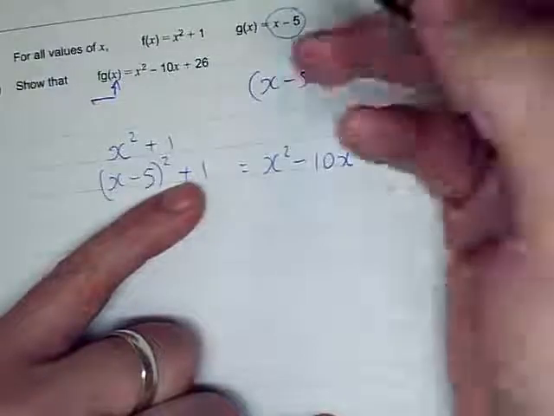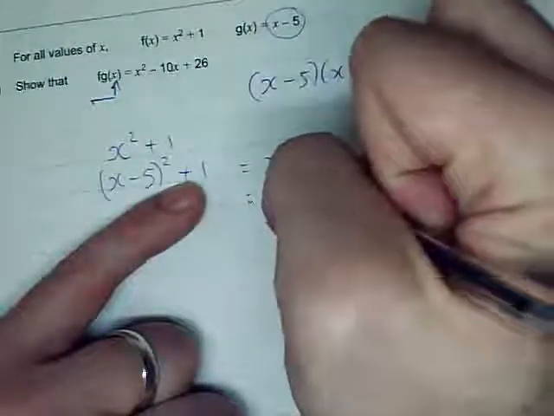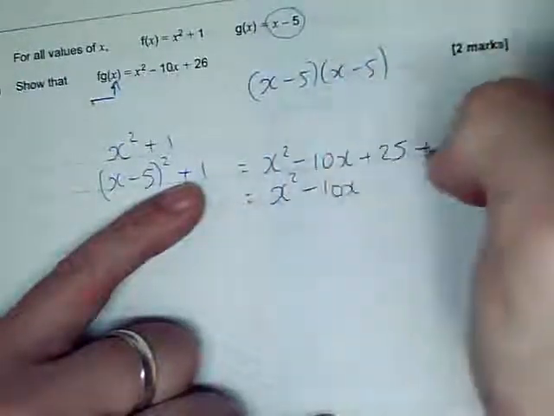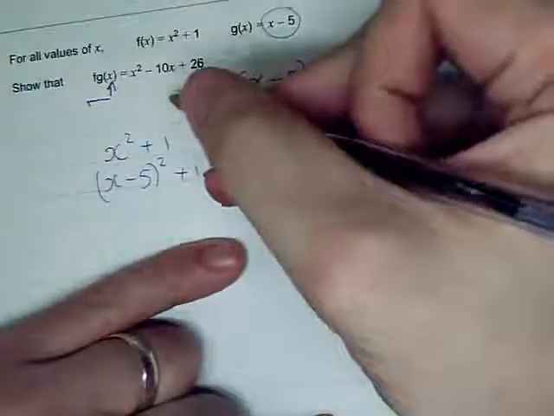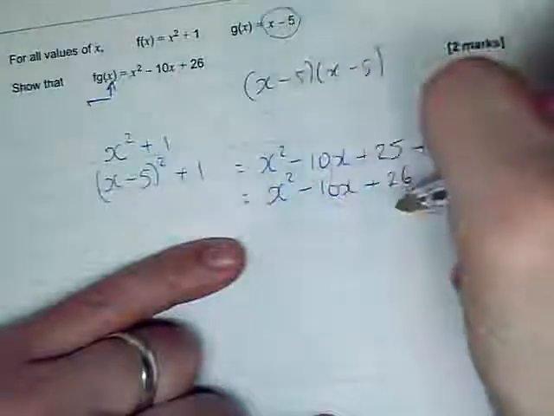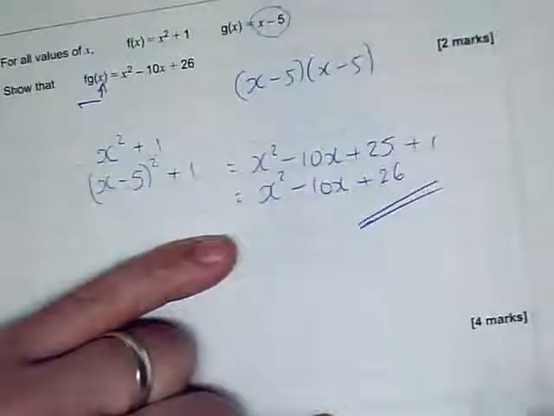So let's see what that gives me. I'll get x squared minus 10x, 25 add 1 is 26, and that's what we wanted to show. So we've done that.